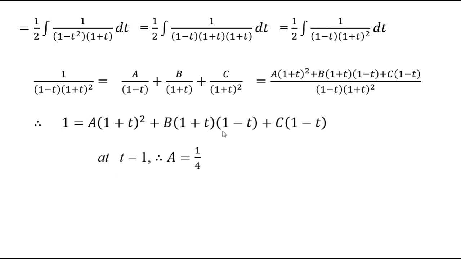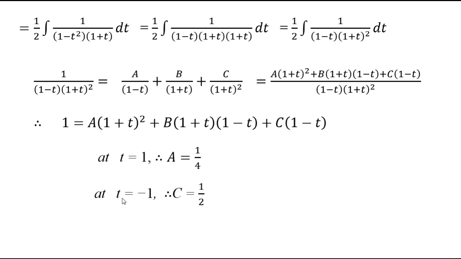If I put t equal to 1, the coefficient of c vanishes, and the coefficient of b also vanishes. Here it is 1 minus t, and here also I have 1 minus t, and because of that I can find the value of a.